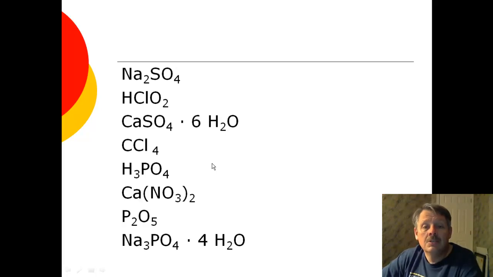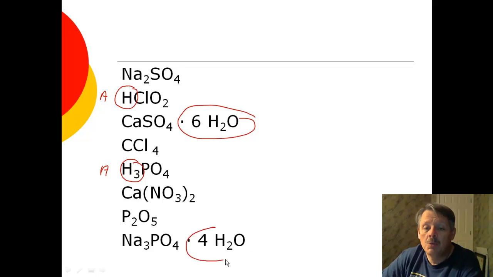Look at these. How do you know if something's an acid? It starts with H, so it's an acid. It starts with H, so it's an acid. How do you tell if something's a hydrate? It's got this big thing out at the end of how many waters it's got. Those are the hydrates. So your acids and your hydrates are really, really easy to pick out without even thinking much.